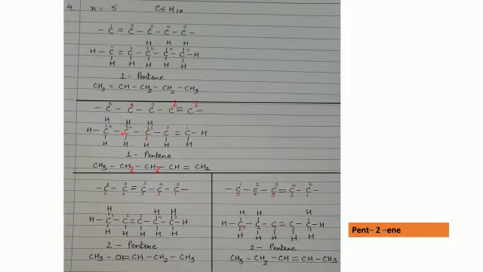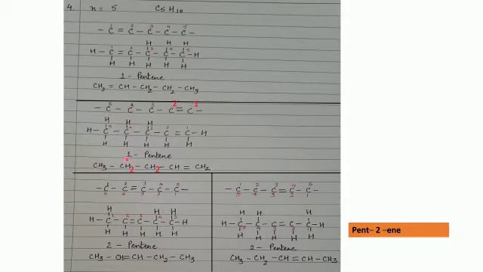Carbon atom number 4, 2 and 4, 5, 6, 7 and 8. And carbon atom number 5, it is forming one single bond here. So it has 2 electrons only. 3 are still free. To satisfy the valencies, it will form single bonds with 3 hydrogens. So 2, 4, 6 and 8.